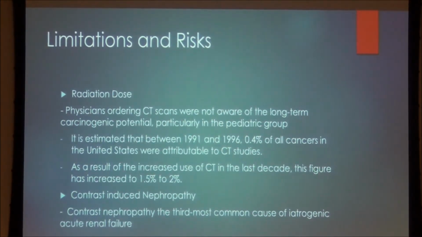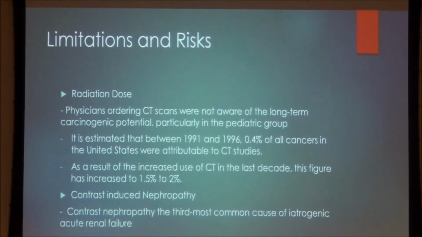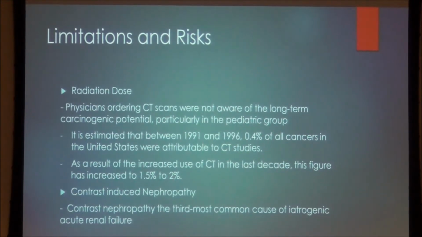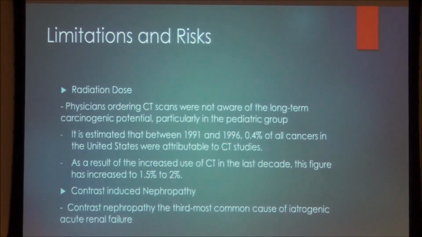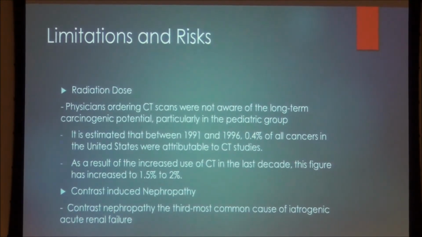What are the risks for it? The radiation dose. So we know that we radiate the patient every time we do a CAT scan. And in the past, physicians who were ordering CAT scans were not aware of long-term carcinogenic potential, especially in pediatric groups.